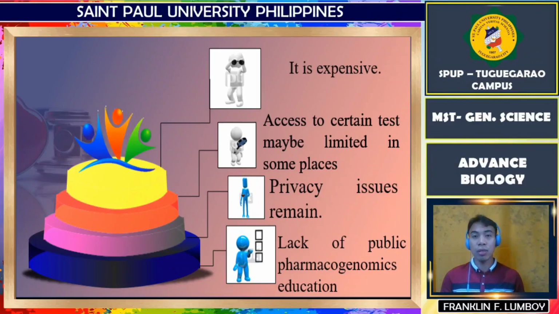Another issue is accessibility, right? I discussed that a while ago. Accessibility. Most clinics do not have a genetic expert on call, requiring them to send patient results out of clinic, adding both time and cost to genetic testing.